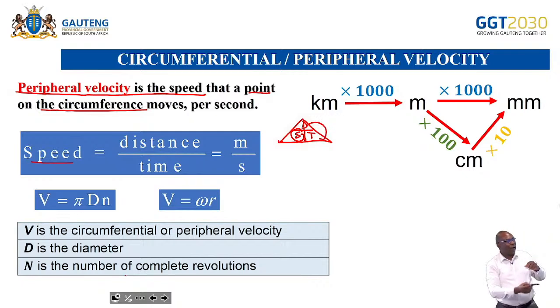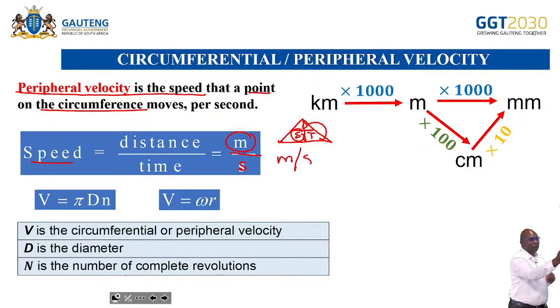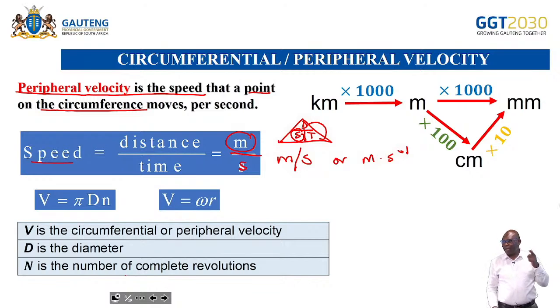The distance is measured in meters, and the time is measured in seconds. So we write this as m/s, which says meters per second, or we can write it as m.s with a -1 there. So we know it is going to be meters per second.